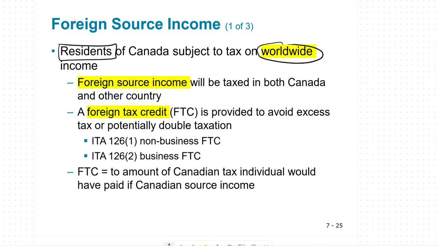What we call foreign source income will be taxed in both Canada and the other country, but you will get a tax credit, which avoids double taxes. You pay the taxes there, you pay the taxes to Canada, but then you get a foreign tax credit to offset the double tax.